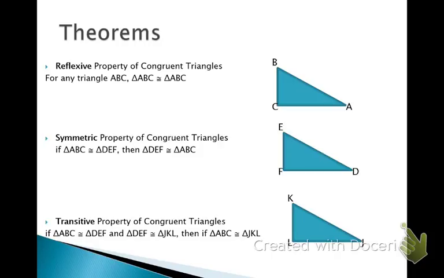You can just call it reflexive. If we have two triangles that are congruent, and we switch the order, if we say triangle ABC is congruent to triangle DEF, and we switch it around to say triangle DEF is congruent to triangle ABC, that's symmetric property.